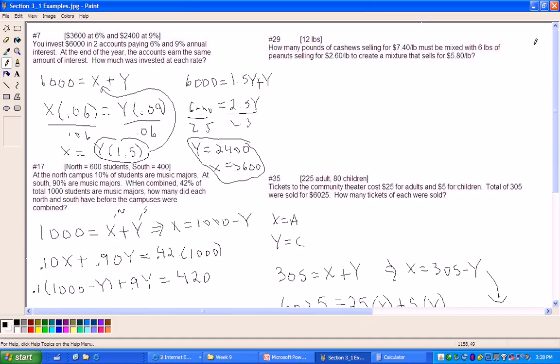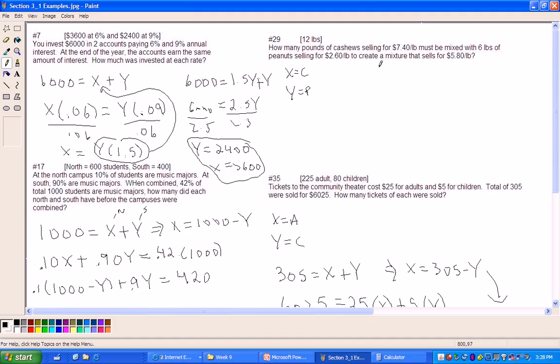So we'll say X is equal to cashews. We'll say Y is equal to peanuts. They're telling us 6 pounds of peanuts are going to be mixed in this final mixture.